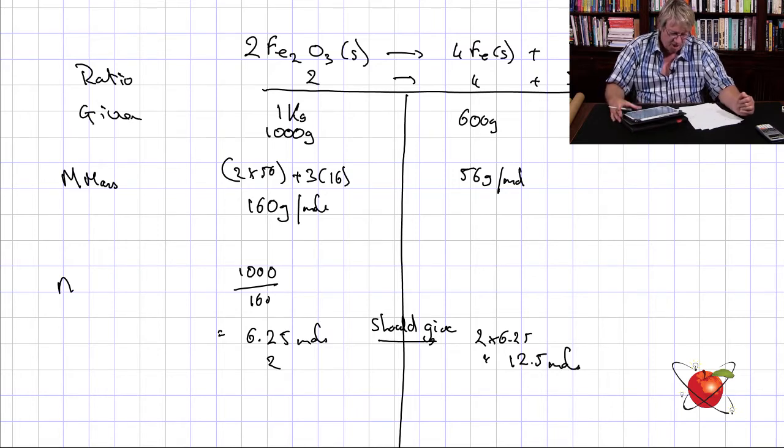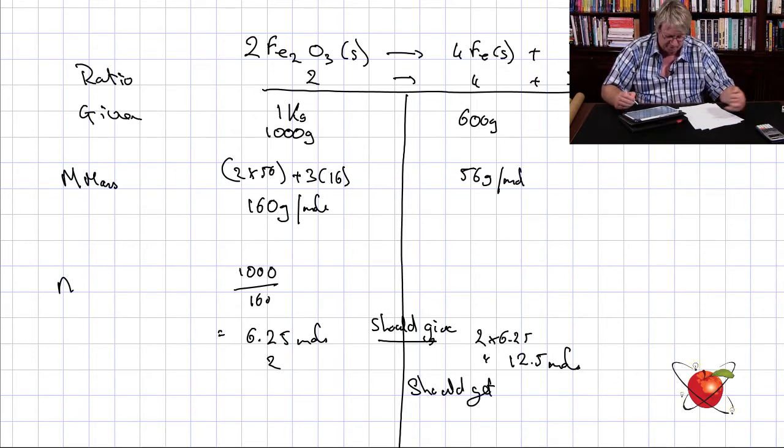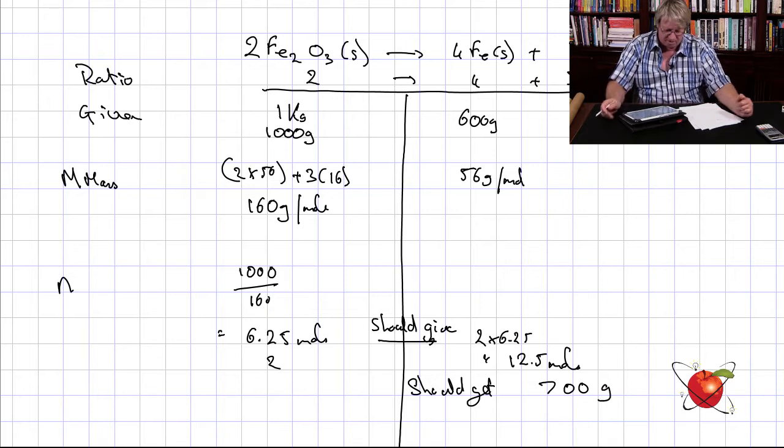Well, therefore, we should get how many grams? 12.5 times 56. We should get 700 grams. But we didn't. We only got 600 grams, didn't we?